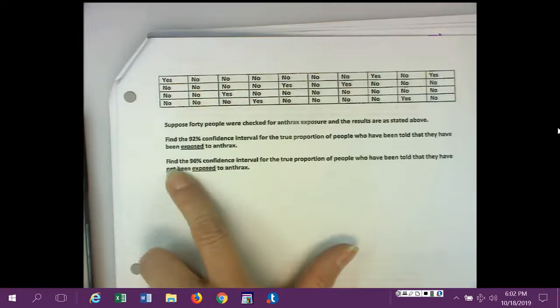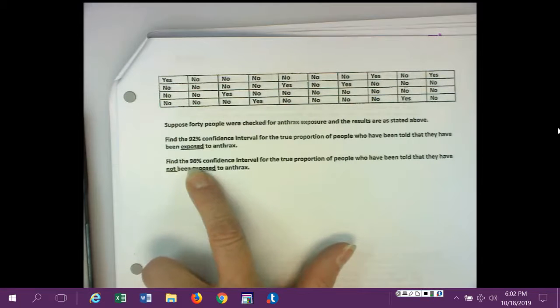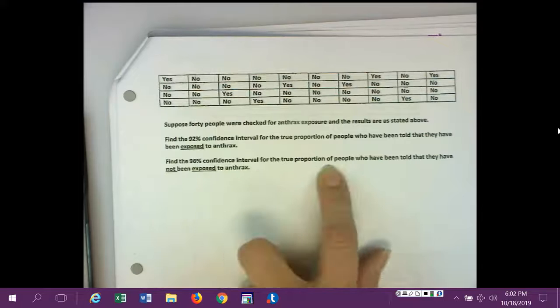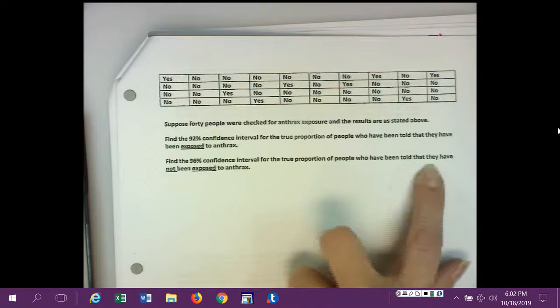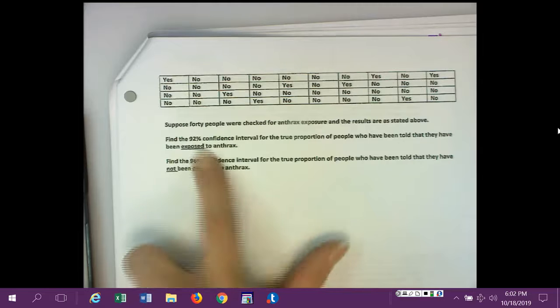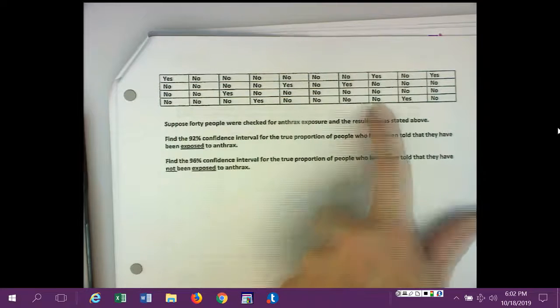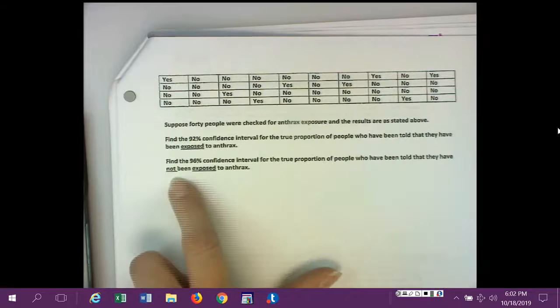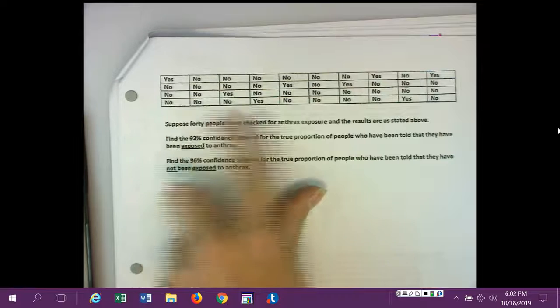And then turn around and say, find the 96% confidence interval for the true proportion of people who have been told that they have not been exposed to anthrax. So this problem focuses on being exposed with these yeses that you see. This problem focuses on those that have not been exposed with the word no that you see.